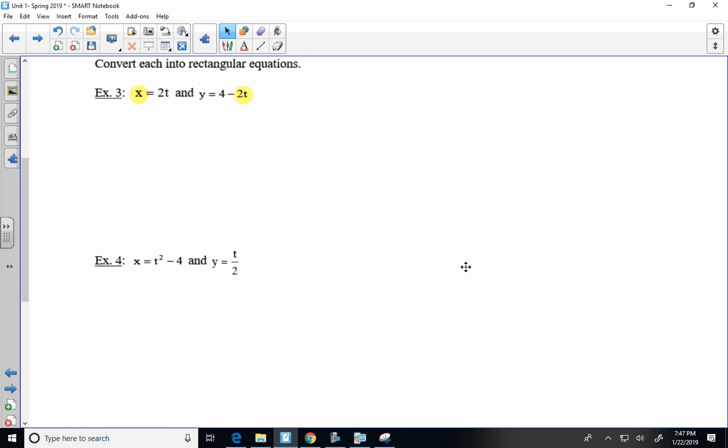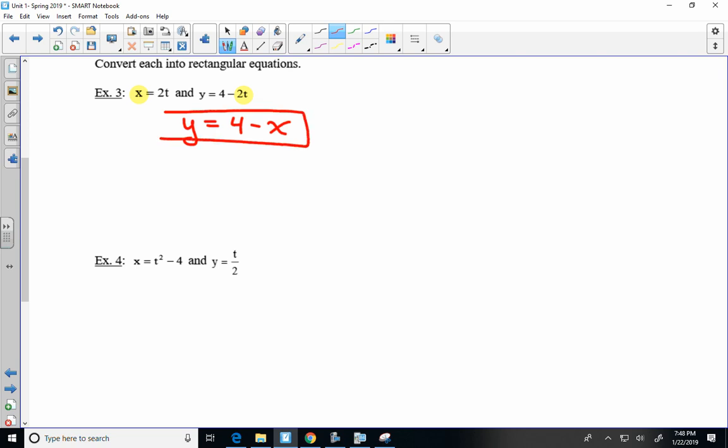So couldn't I just replace the 2t with an x? Yeah. It's direct substitution, so y would be equal to 4 minus x. So, nice easy way of getting rid of that parameter.